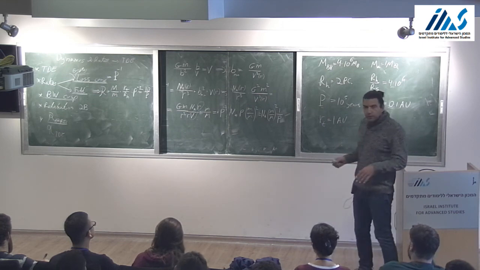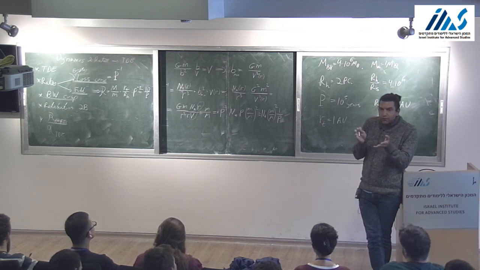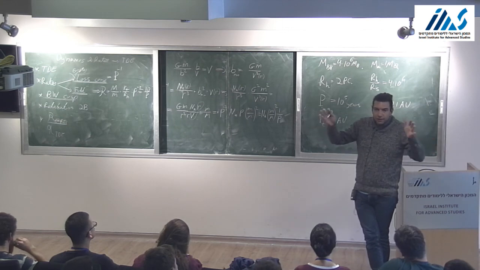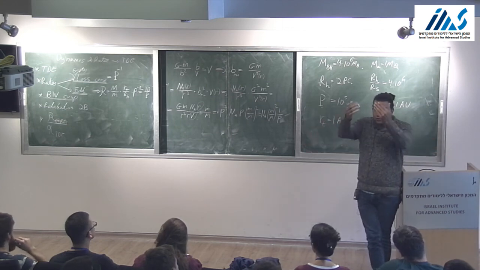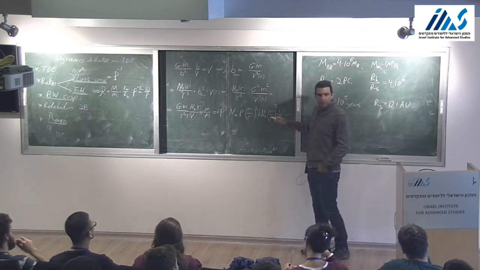And he said the following: if there is a black hole, it absorbs the stars that arrive to the black hole, and the stars from it diffuse at a constant flux towards the black hole on a time scale which is given by this.